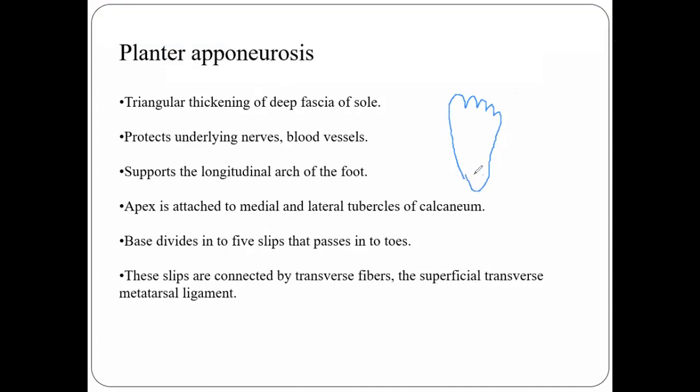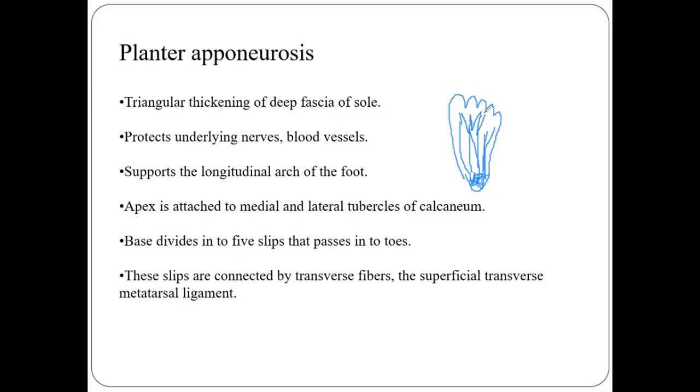Here you have the calcaneum bone, and to the medial and lateral tubercles the apex of the plantar aponeurosis is attached, and then it goes towards the toes like this. The triangular shape goes like that, and then it divides into 5 slits.